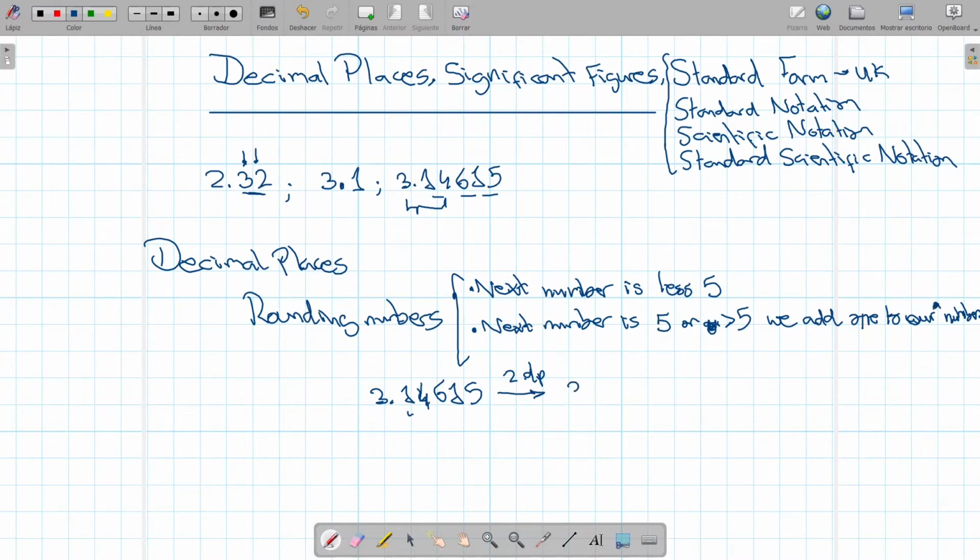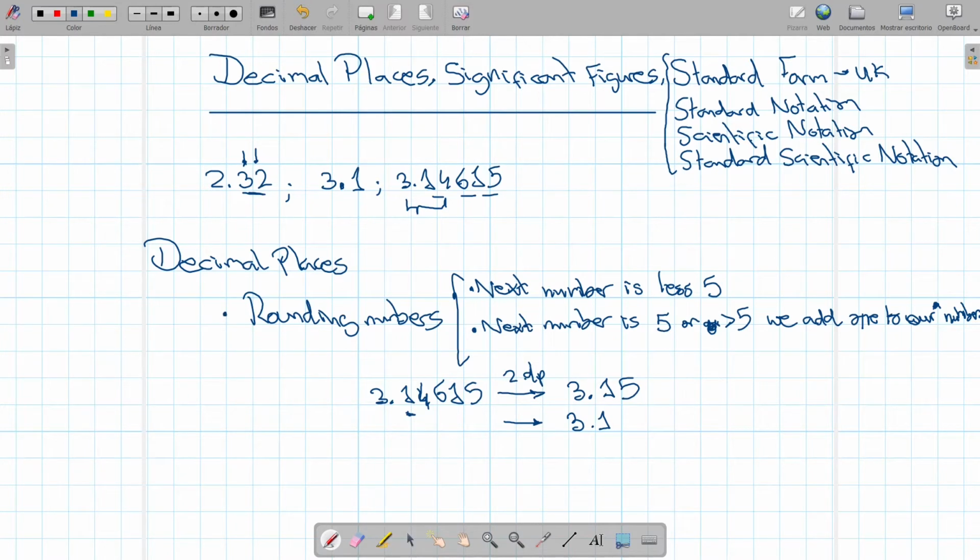So it's 3.15. Okay, so that's two decimal places. If we wanted to round that to one decimal place, it would be 3.1 because this is just one decimal place. The next number is a 4. It's less than 5, and so we just delete everything and leave it as it is. Okay, that's the most common way to round up numbers.